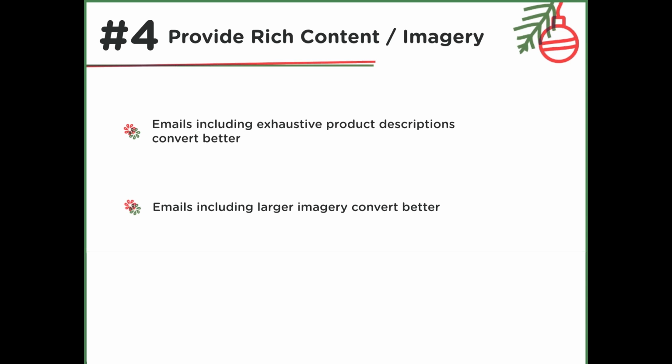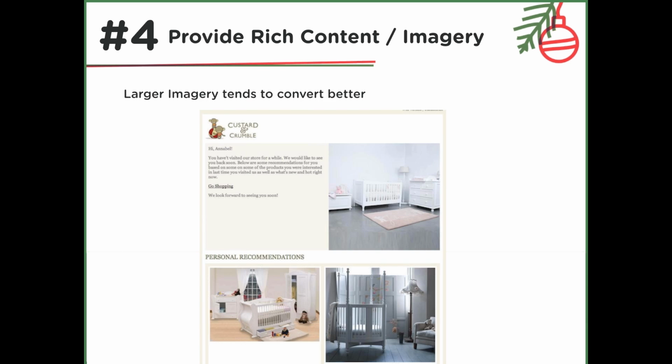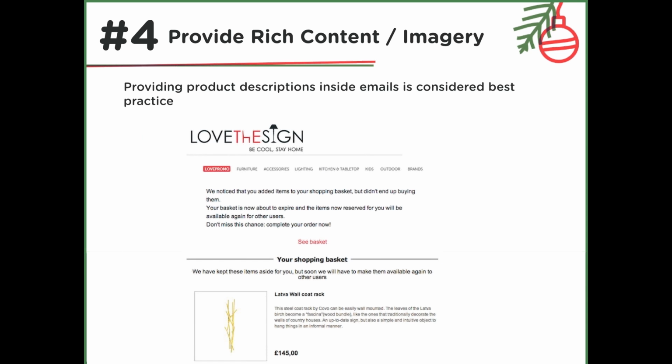So I think those two are super important: larger images and nice product descriptions, which again, from a technical standpoint, we pull out from your front end. So if you've done a nice Nosto integration, then we're already grabbing that information from you, and it's being displayed in those standardized emails already.